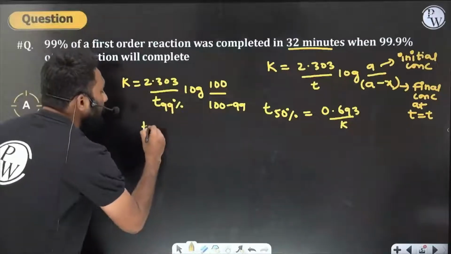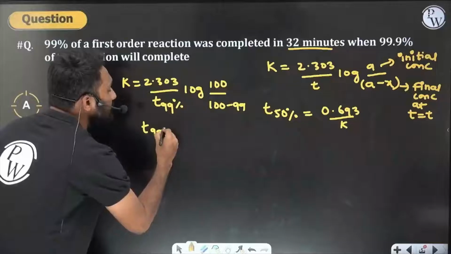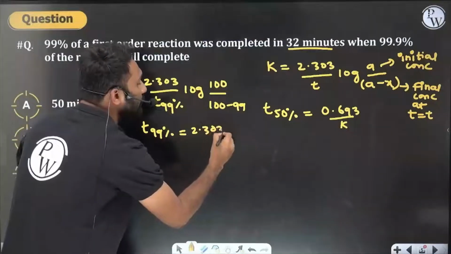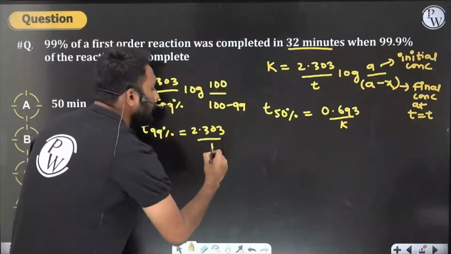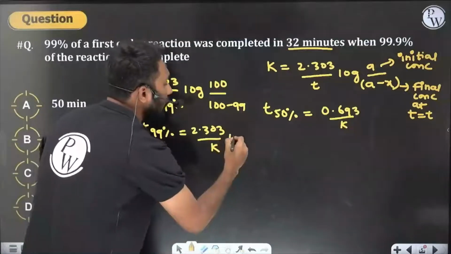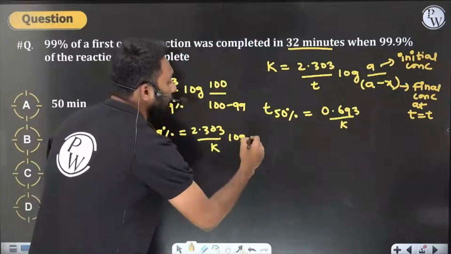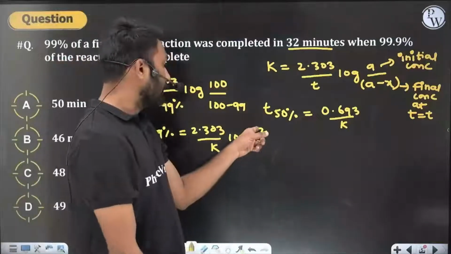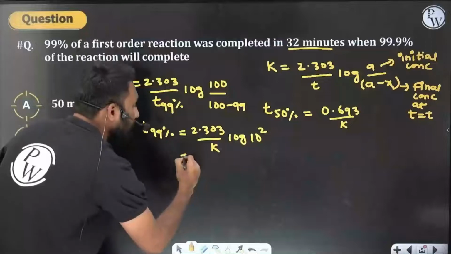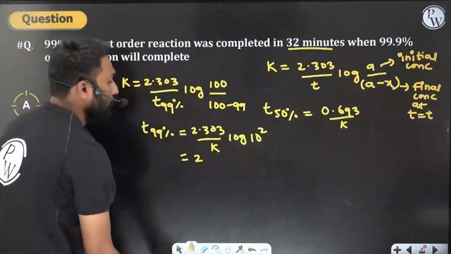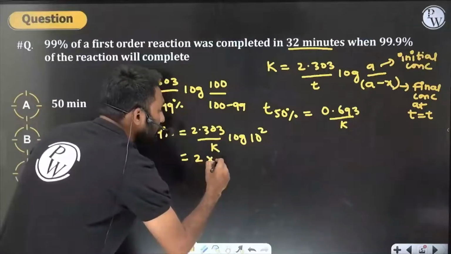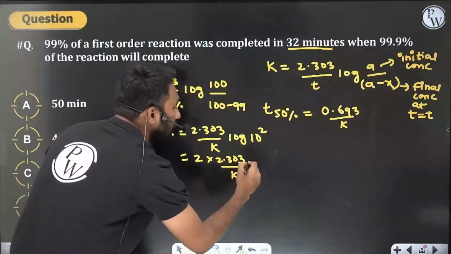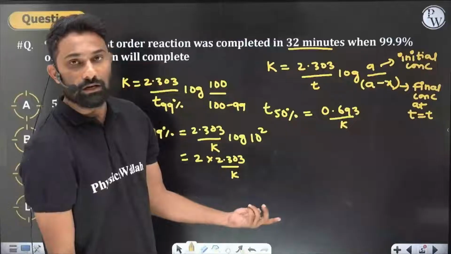Now t 99% is equal to 2.303 by k log 10 to the power 2, can I write? Now this is 2 into 2.303 by k, and log 10 is equal to 1, we know.